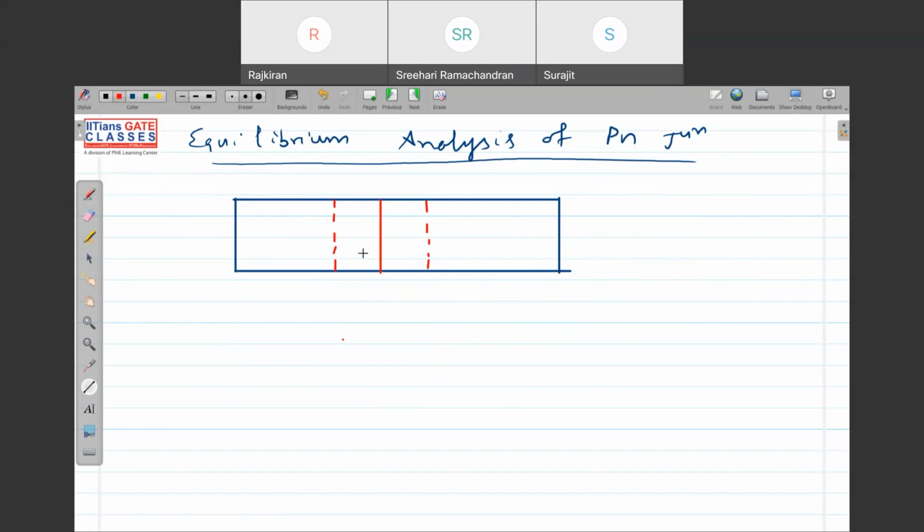This is my P side. This is my N side. This is called WP, this is called WN. This is my junction.